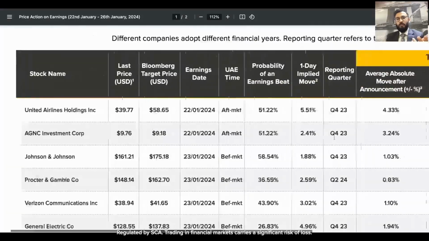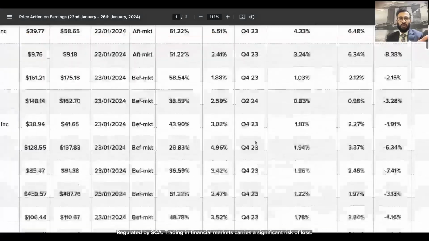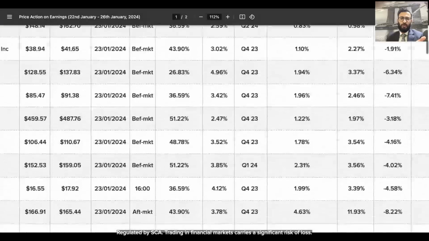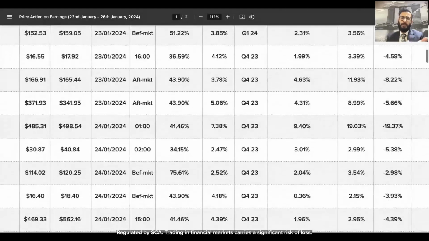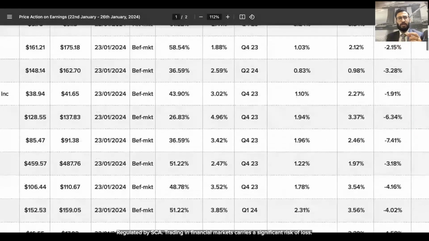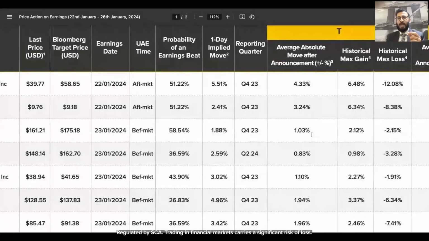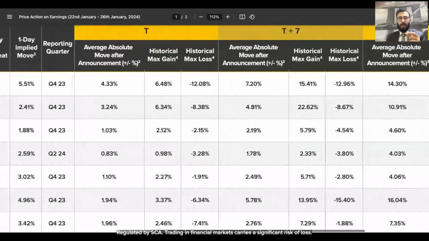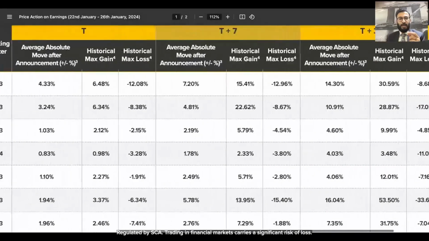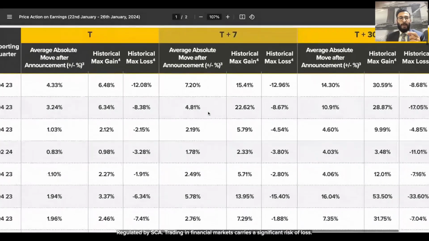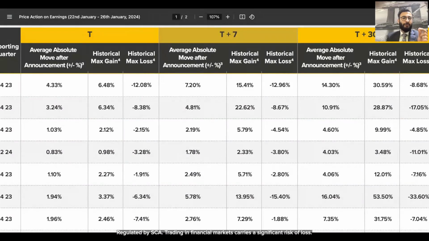Then comes another column, the reporting quarter, that is, which quarter they are reporting. As you can see, most of them are reporting Q4 right here. Some of them are reporting the second quarter also, depending on the earnings reporting date as well. And then come the most important last three sections, the average absolute move after the announcement of the earnings.